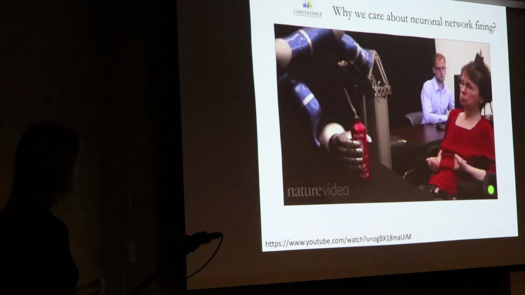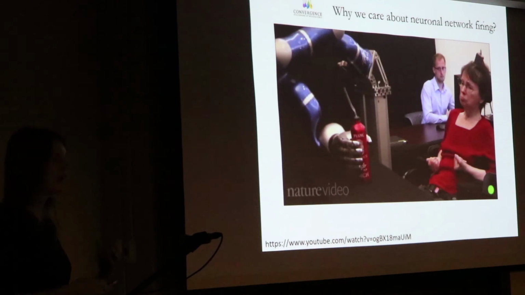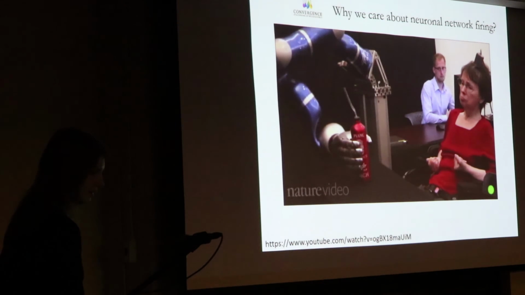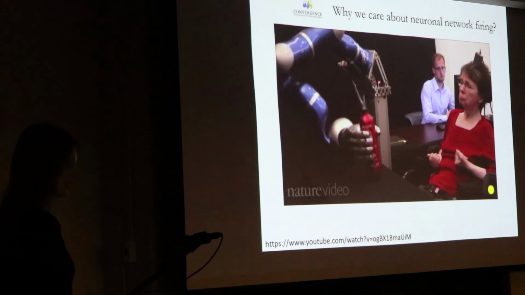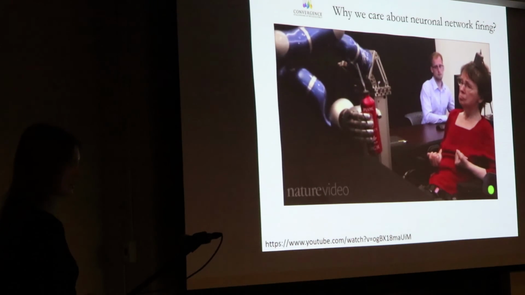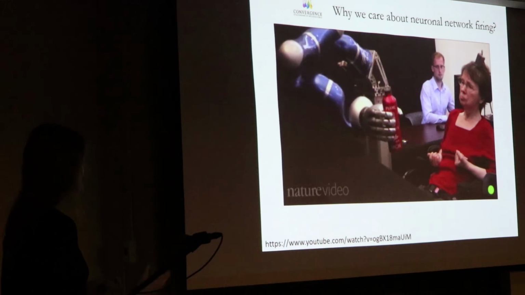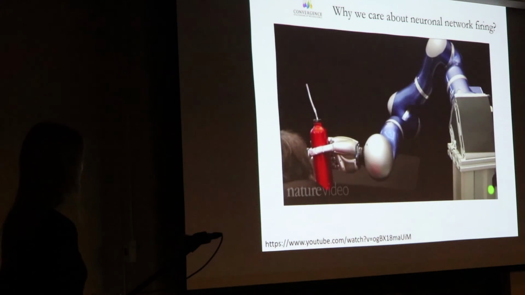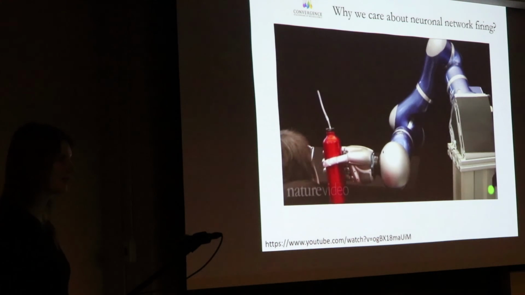But since we know now, because we studied neuronal networks, that this part of the brain, which is here at the top of your head, controls hand and arm movement, researchers have recorded the activity in her brain and translated this activity into a machine that will do the movement for her. So she's thinking about grabbing the coffee right now. And this is actually the first time that woman can drink a coffee by herself.